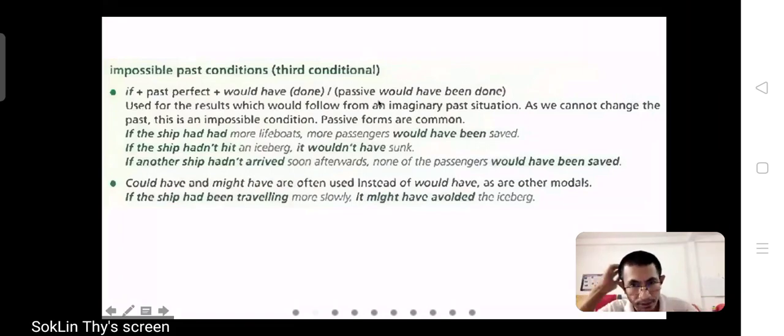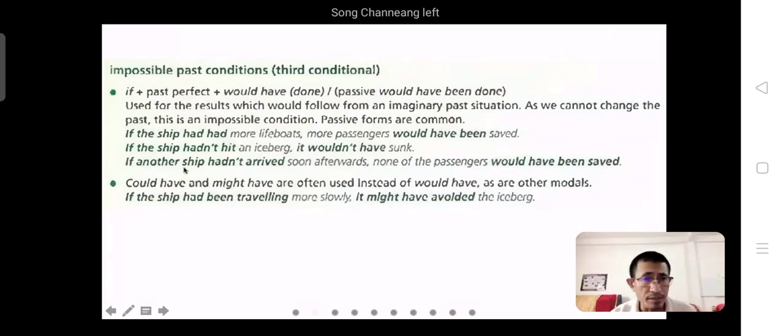This third conditional is used for the result which would follow from an imaginary past situation, so it happened in the past, which is unreal now. Unreal in the past, as we cannot change the past. This is an impossible condition. Passive forms are common.